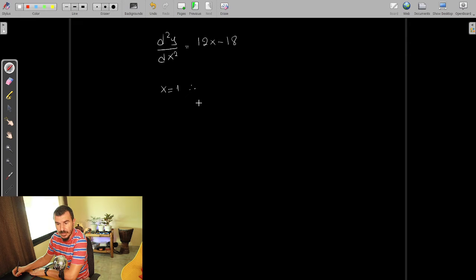If it's positive, it's a local minimum. Let's see it. 12 times 1 minus 18, which is minus 6, which is less than 0, which means my function at this point is what? Concave down. So basically I have a maximum.